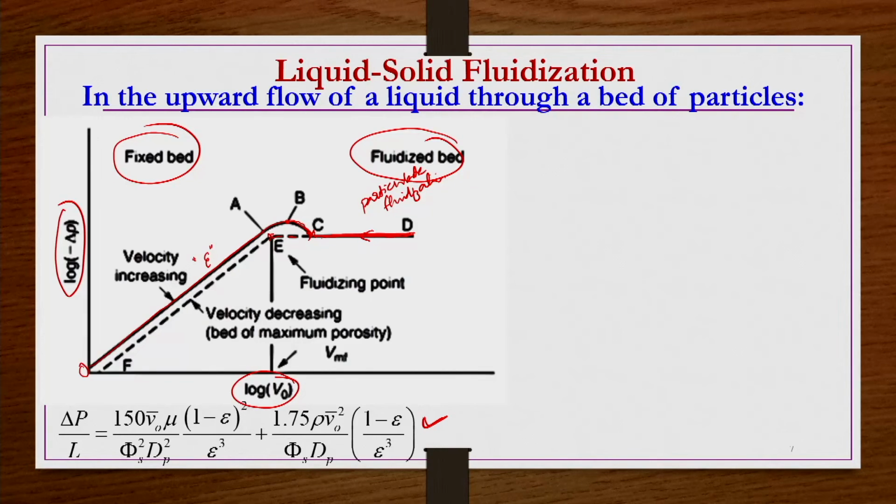So, once this point E has been reached, the particles are almost resting onto each other, not just touching. A bed has formed by particles resting onto each other, and on further decreasing the velocity, the bed is not going to compress again, right.